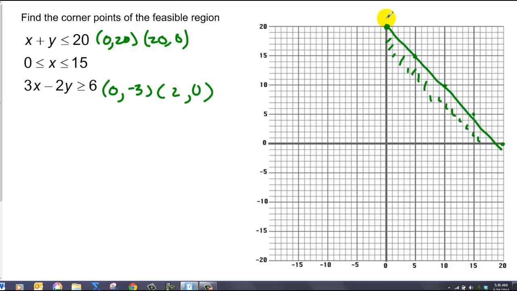Here is x is equal to 0, and x is equal to 15. It's in here. Shade between the two.